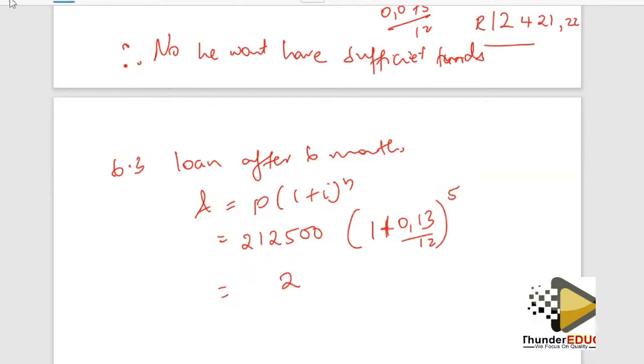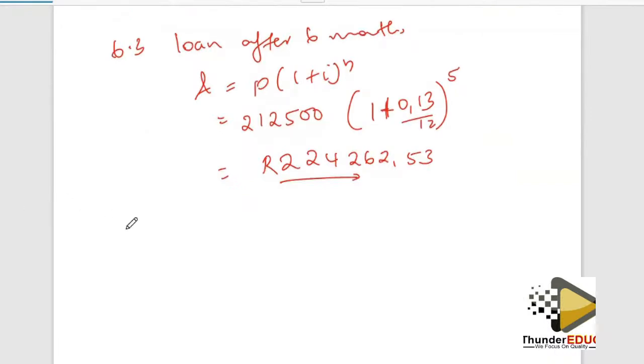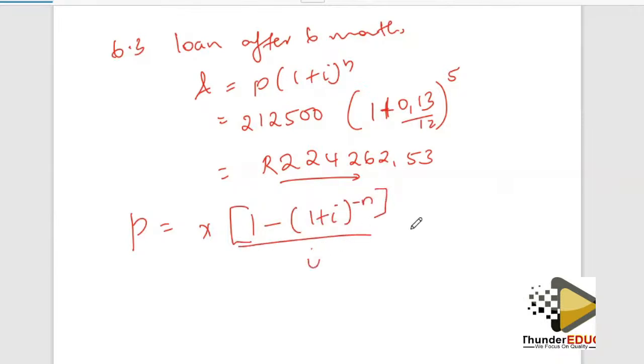Okay, so when I fix my mistake, that's a 5. Then it's going to be 22,4, and then 22,625.3. All right, then we can now use the present value, which is given as x into 1 minus (1 plus i) to the exponent of negative n, over i.